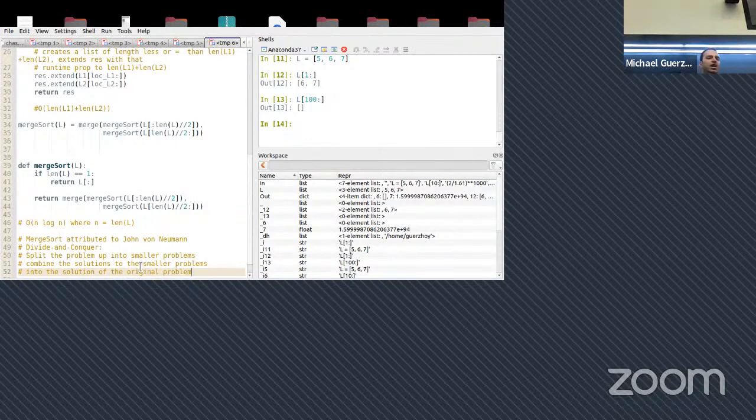Here the key was to say, if you split it in half, then there is an efficient way of merging sorted sublists into one big sorted list. That was the insight of John von Neumann.